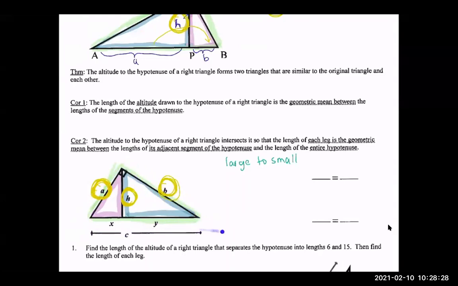C is going to be an important value. Okay, so let's say I'm looking at C. It's the hypotenuse of the large triangle. I'm going to find the hypotenuse now of the small triangle. Okay, look at my pink triangle. What's the hypotenuse of my pink triangle?